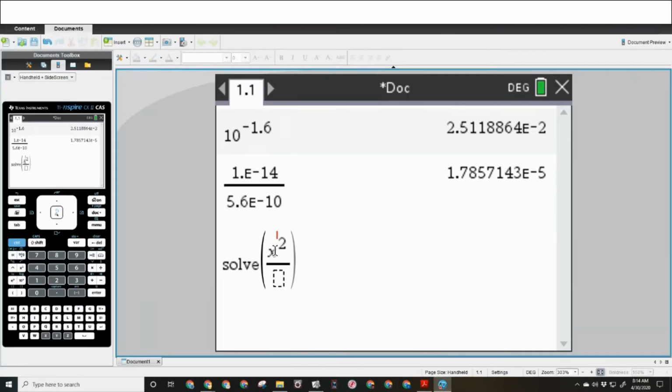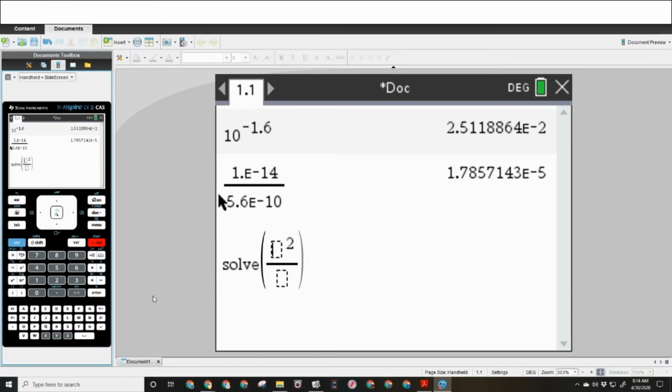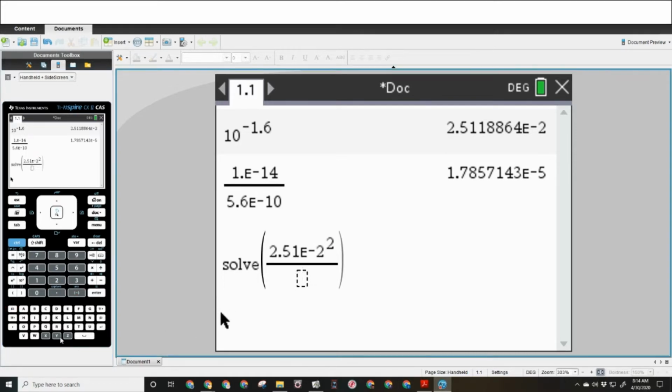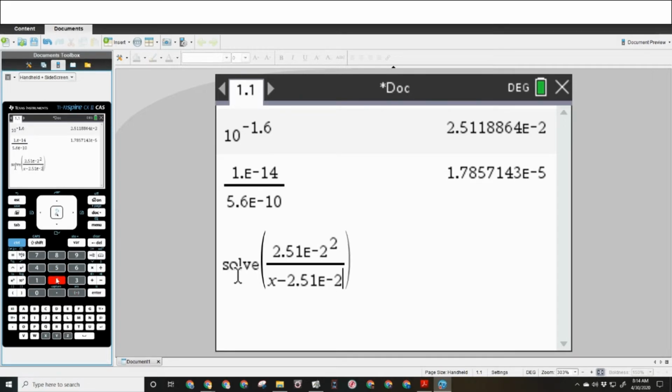All right, so let's do 2.51 times 10 to the negative 2, squared, over, let's use x as our variable in this expression, x minus 2.51 times 10 to the negative 2.